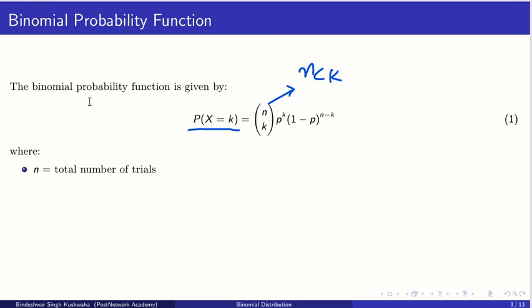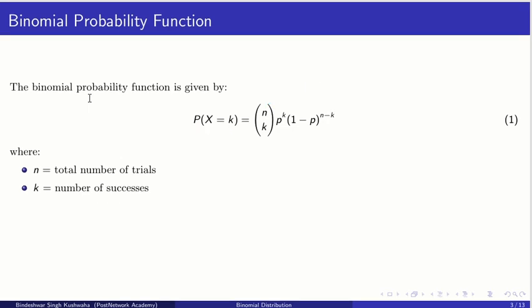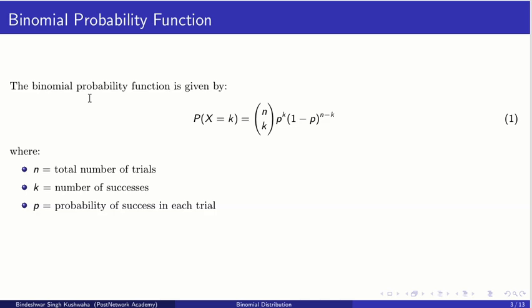So let us understand each component. Where n is the total number of trials, k is the number of successes, and p is the probability of success in each trial, remember. And nCk is the binomial coefficient.